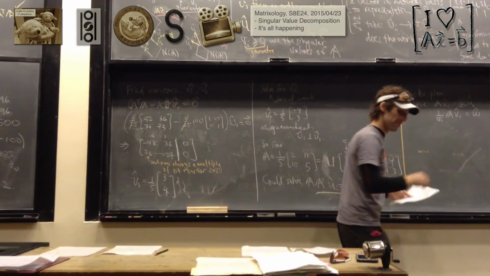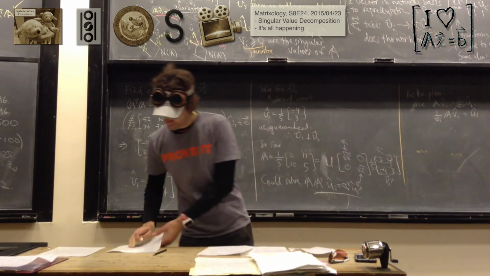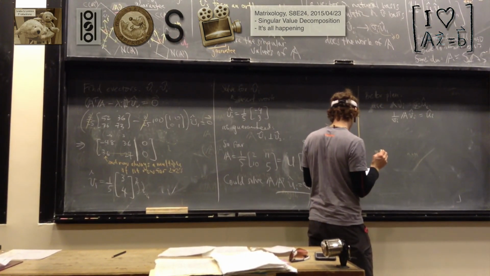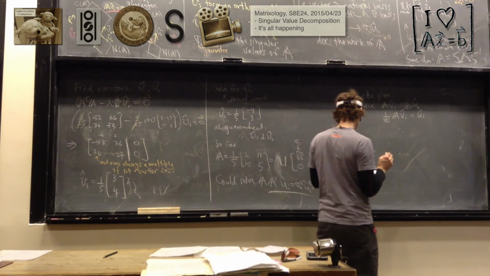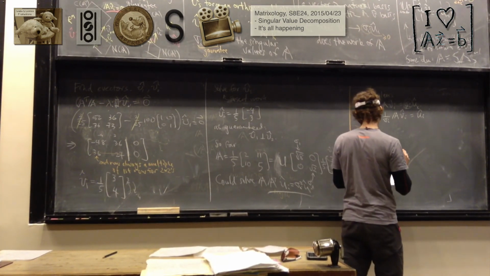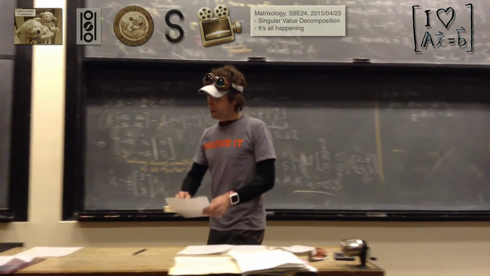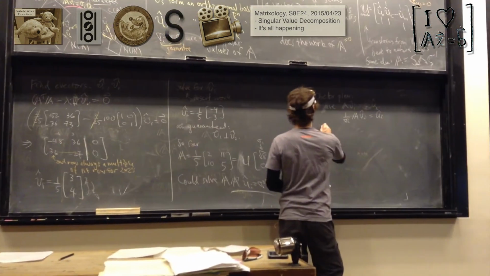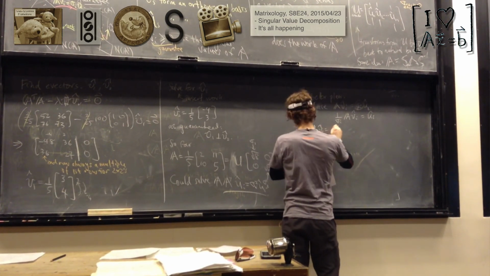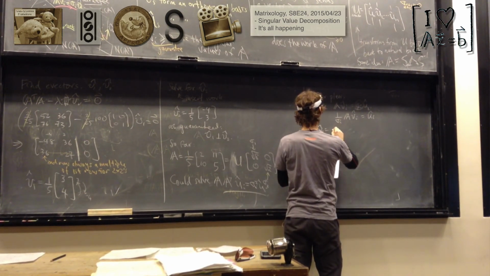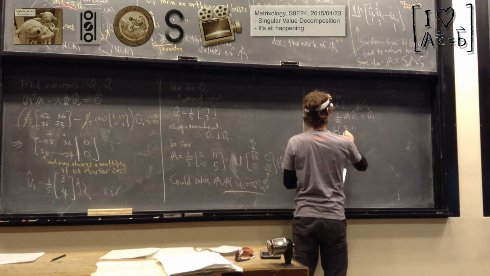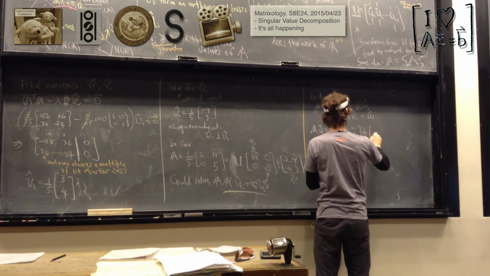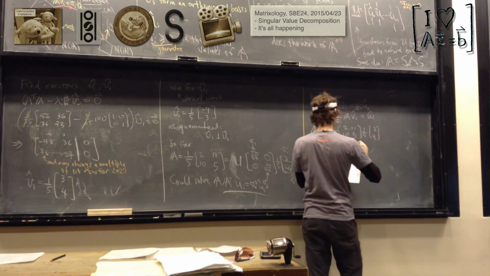So let's do one of those. We'll have more fun next time. Let's do one of them. A times V1. A times V1 will be a fifth, 2, 11, 10, 5, times a fifth, 3, 4.